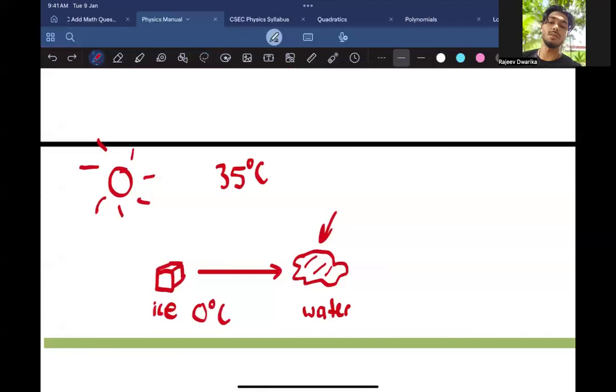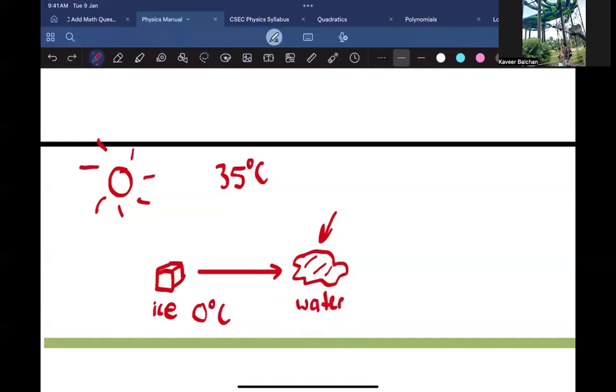As the block of ice is melting, it will turn to liquid, but that liquid will be hot or cold? Cool. Right. So the water will be at what temperature right after it melts?